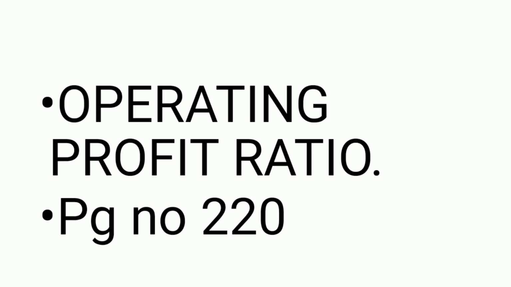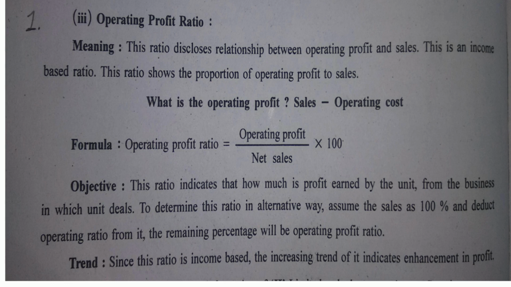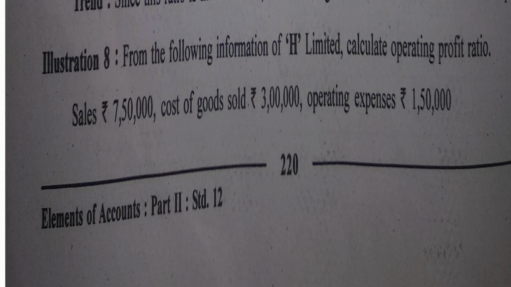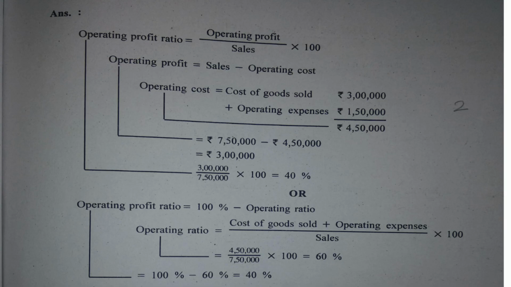Let us quickly revise what we have done in last lecture, that is lecture 3. We have understood about operating profit ratio, which is given on page number 220. We have understood its formulas. Then we have solved illustration 8 in two ways.